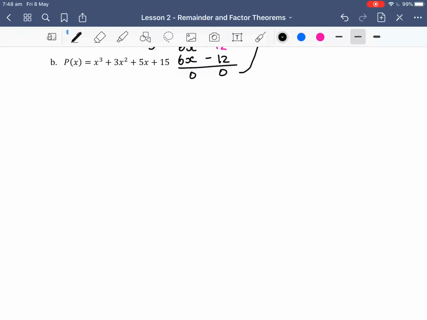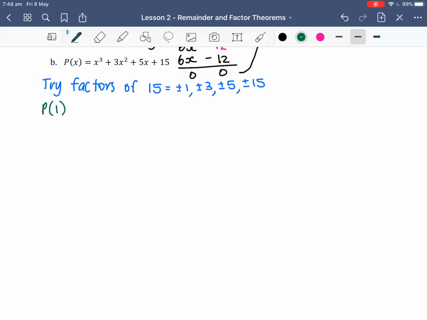Then looking at b, we want to factorize this. So we have p of x equals x cubed plus 3x squared plus 5x plus 15. So we're going to try factors of 15. That's plus or minus 1, plus or minus 3, plus or minus 5, and plus or minus 15.